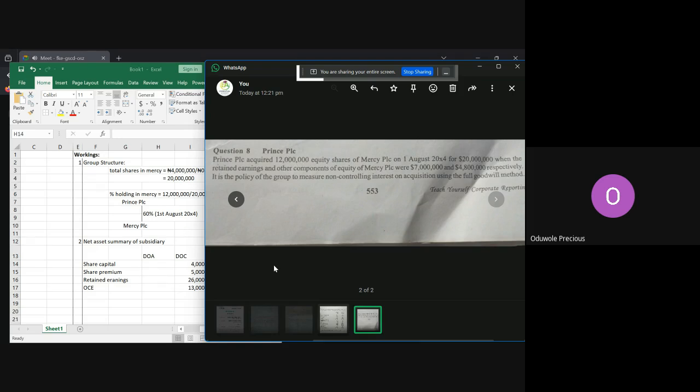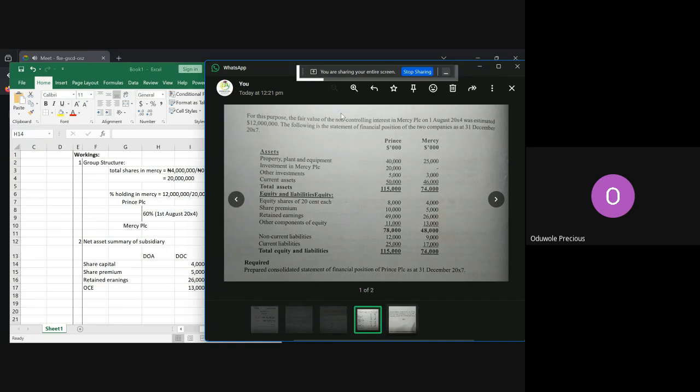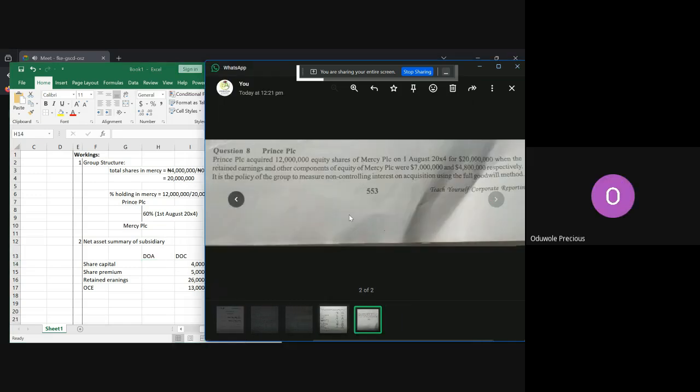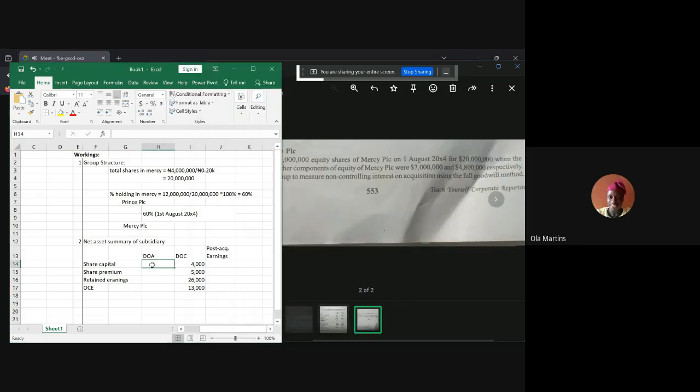But if you now look at this place, they did not say anything about share capital and share premium, right? Yes, we are together. Since they did not say anything, it means nothing changed.